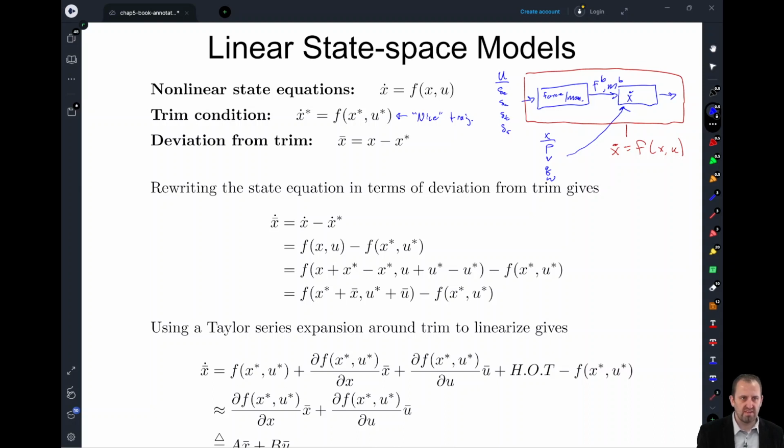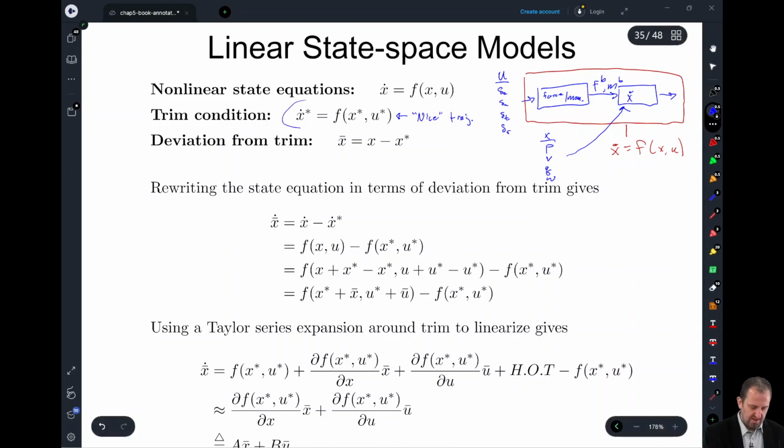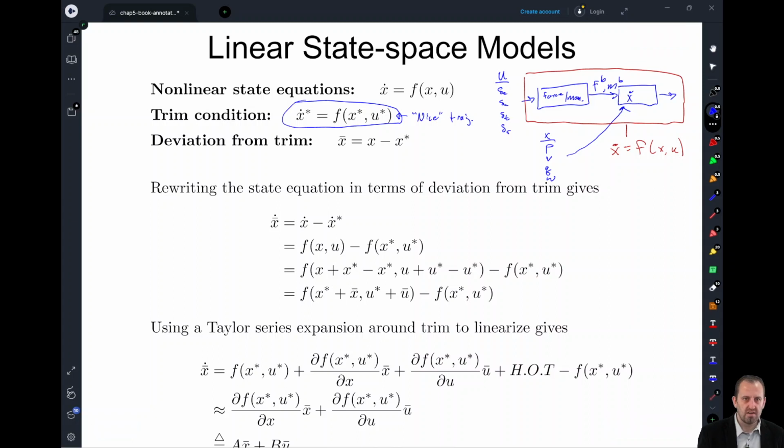So we have these nominal trajectories, and we could get desired trajectories from other techniques as well. But the idea here is that we have a desired state, and really that's the key here. We have a desired state, and we know what our desired dynamics are.